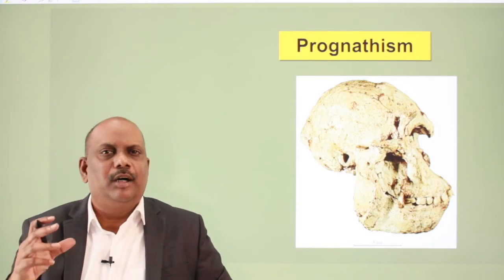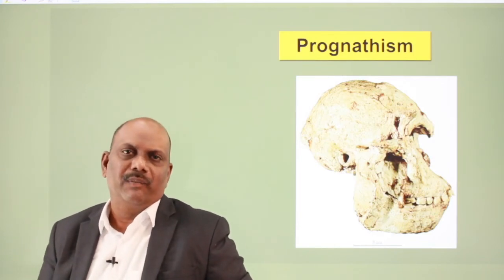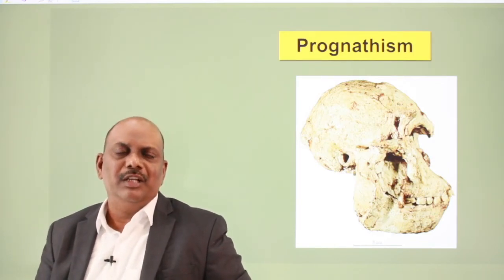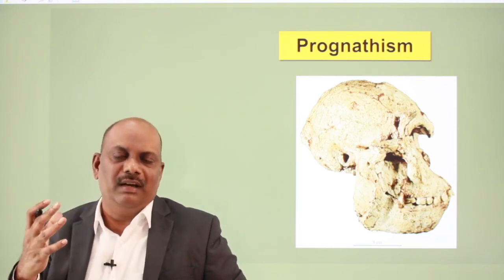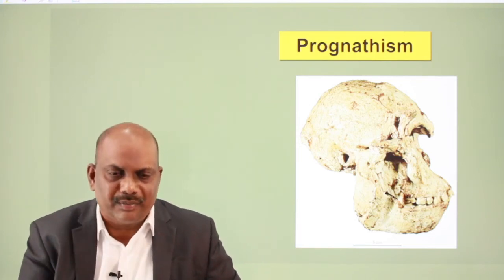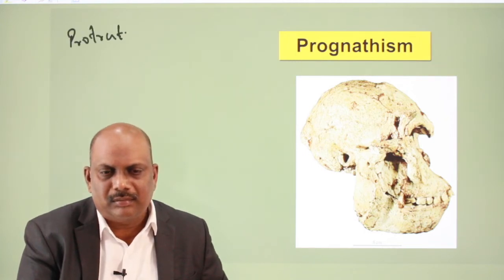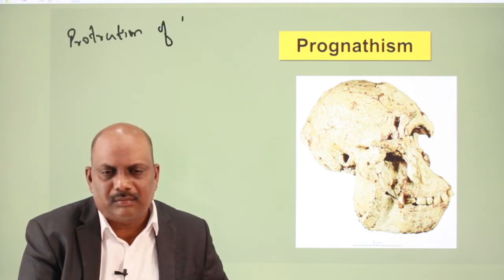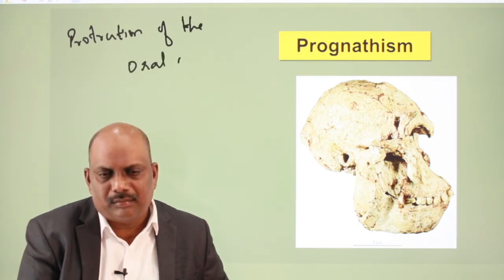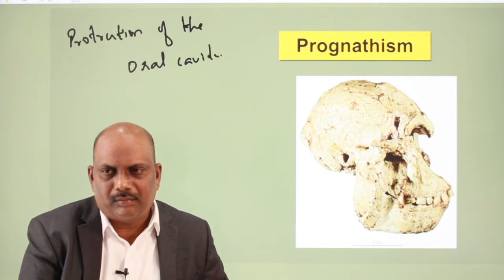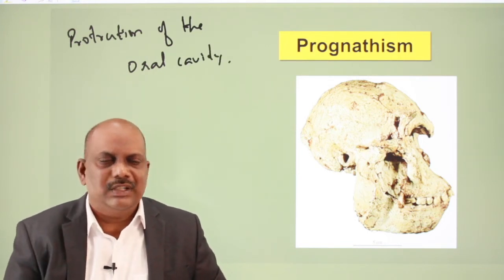Next is prognathism. Prognathism means a protrusion of the oral cavity forward. You can see in this picture, right?